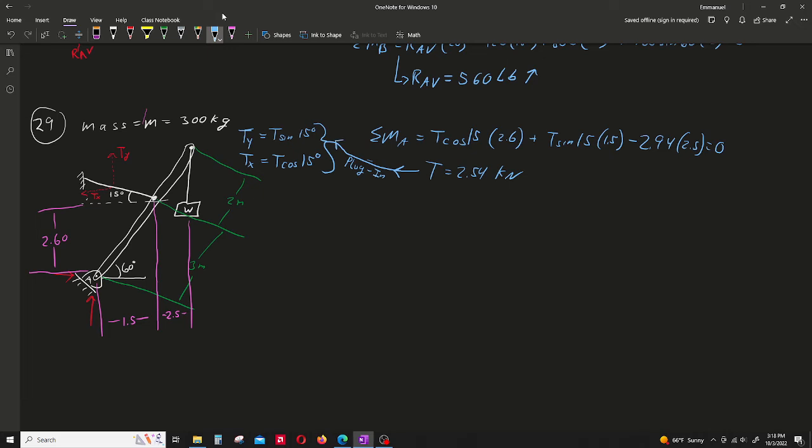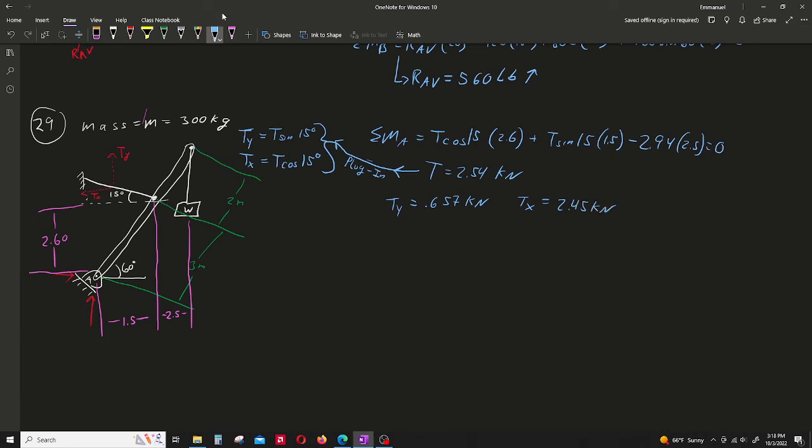All right, so now we have T, and I did go ahead and do that. Ty is equal to 0.657 kN. Tx is equal to 2.45 kN.